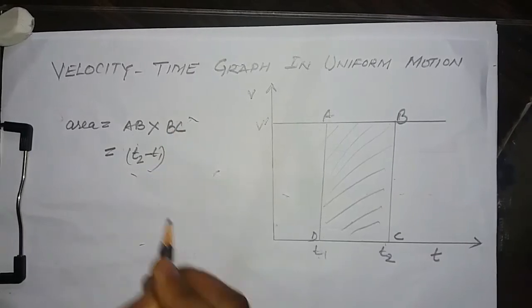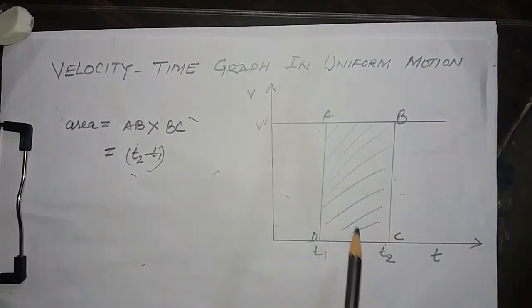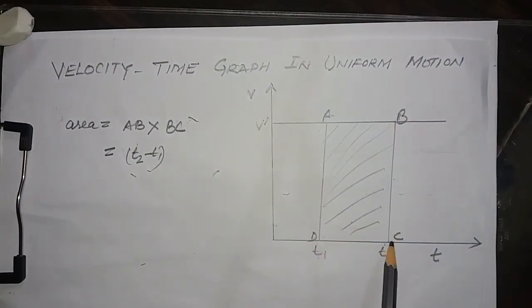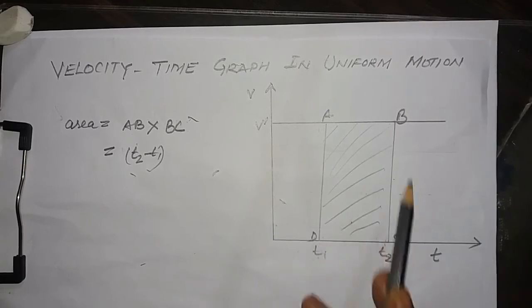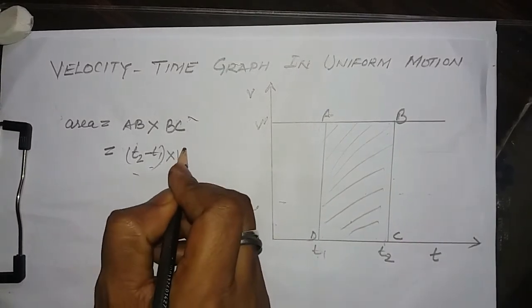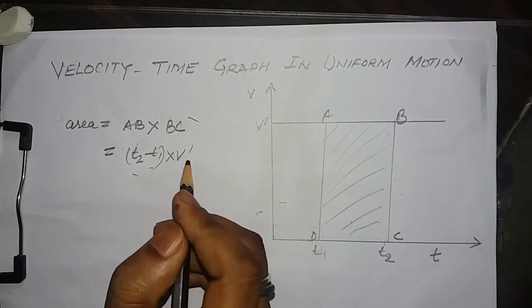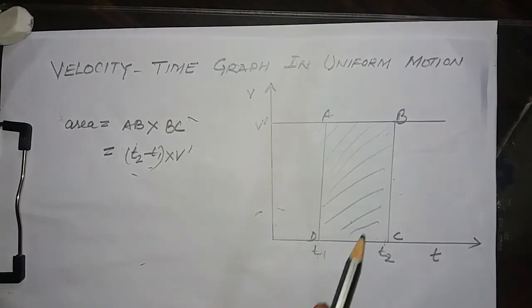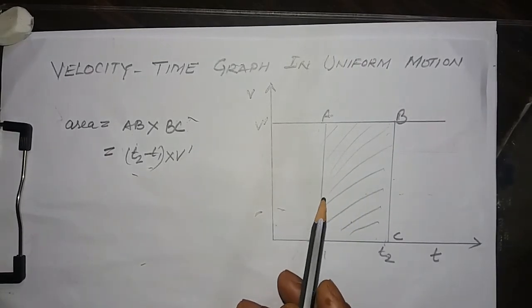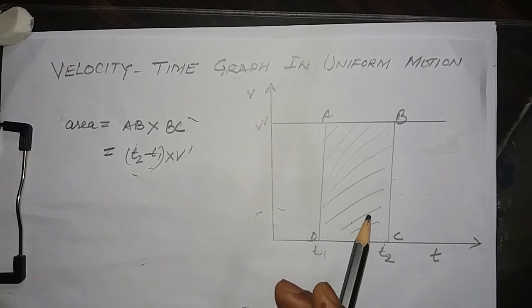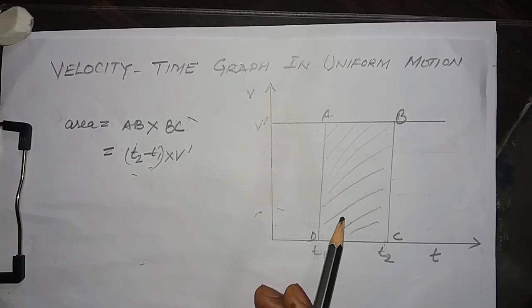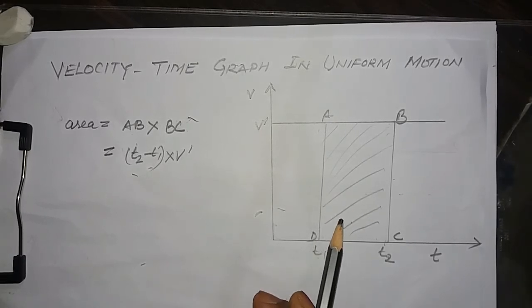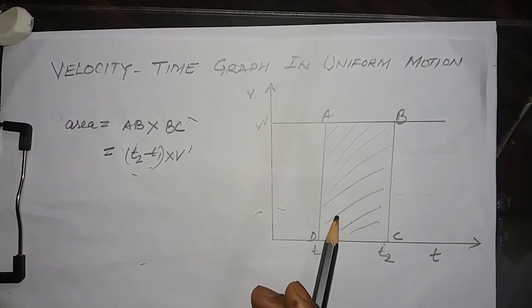AB is T2 minus T1 and BC is this one, V dash. So the area under the VT graph will give us the displacement of the body in the given time interval.